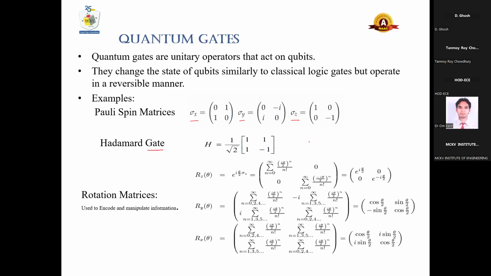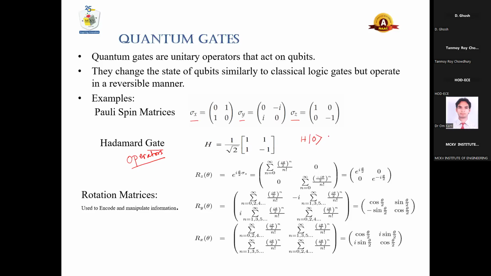Now I ask you a very simple question: what does this Hadamard gate do? In terms of quantum mechanics, we call these operators, and operators need operands to operate on. Now, apply the Hadamard gate on ket 0, please check this.